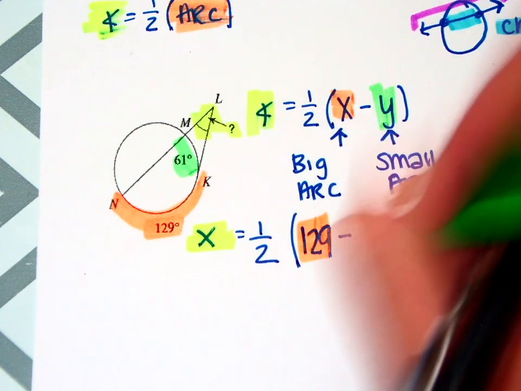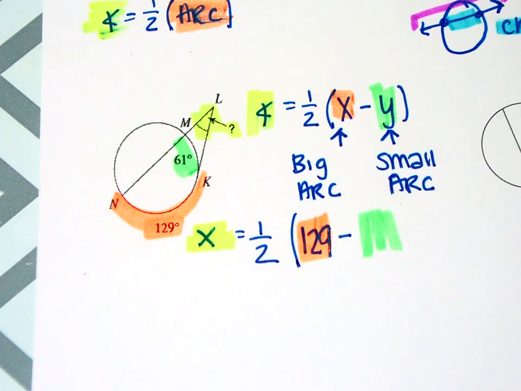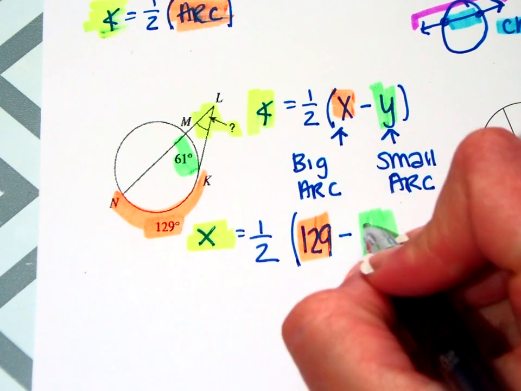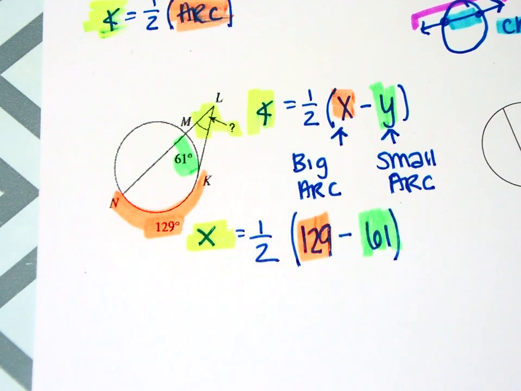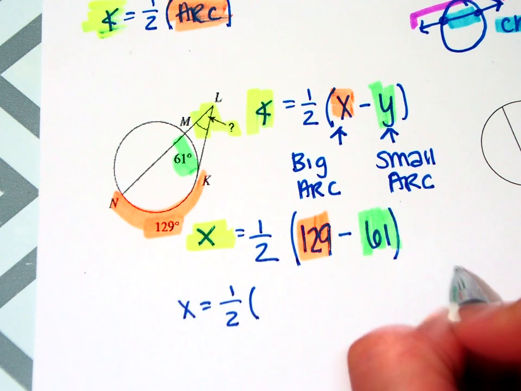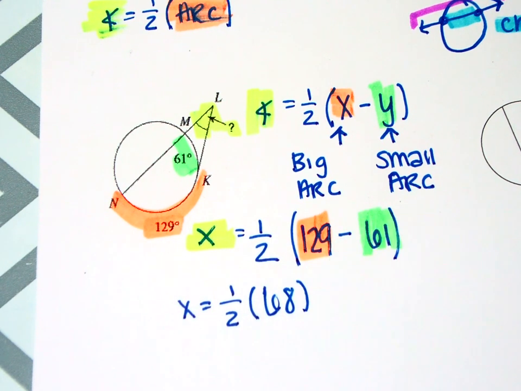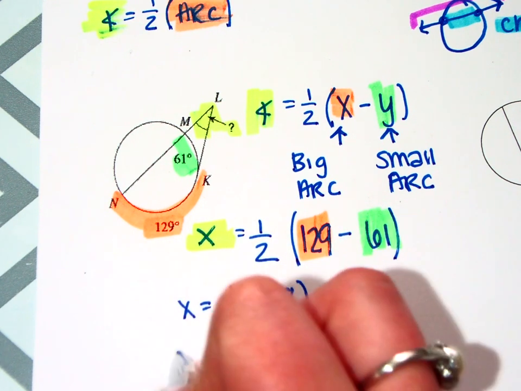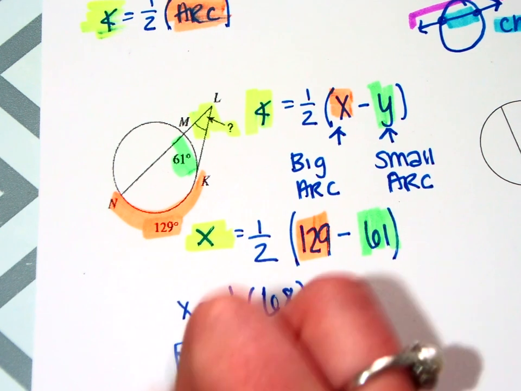Now it's very important here that you're making sure the big number is first. If you put the little number first, you get a negative answer. Big number first. So x equals half. 129 minus 61 is 68, and half of 68 is 34.